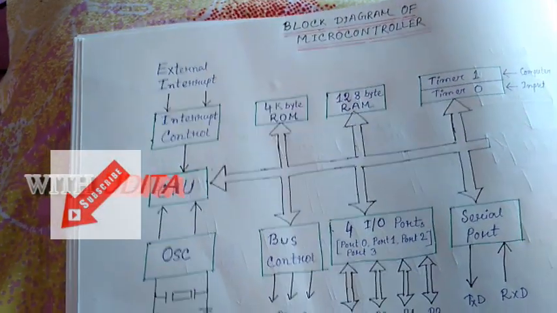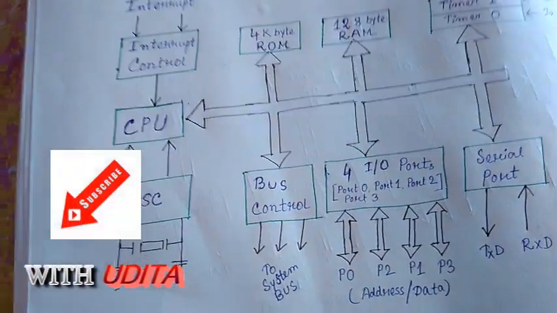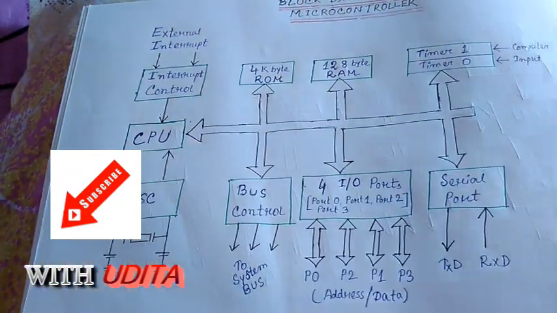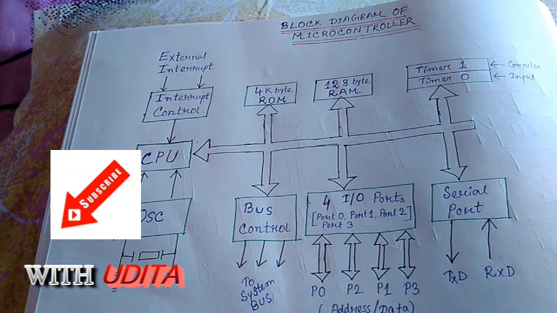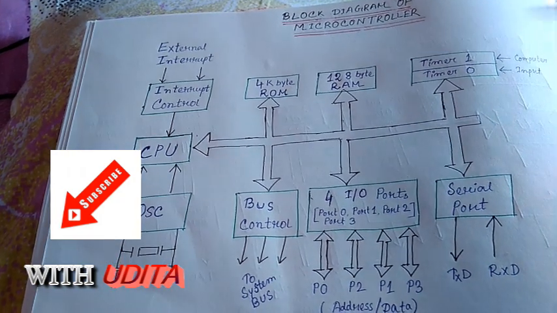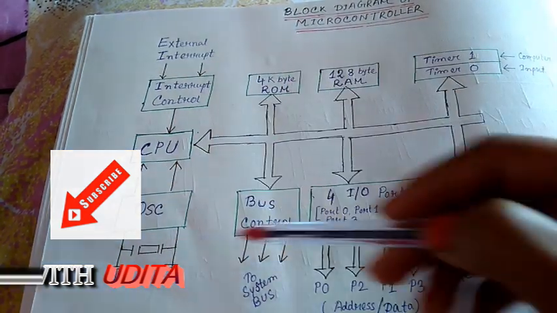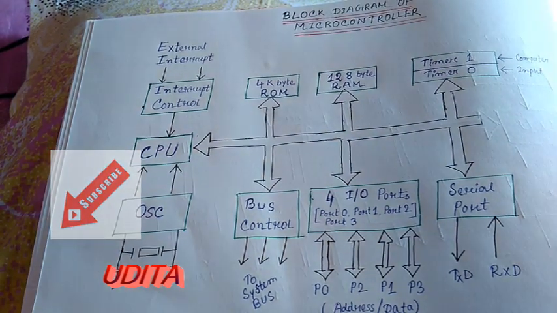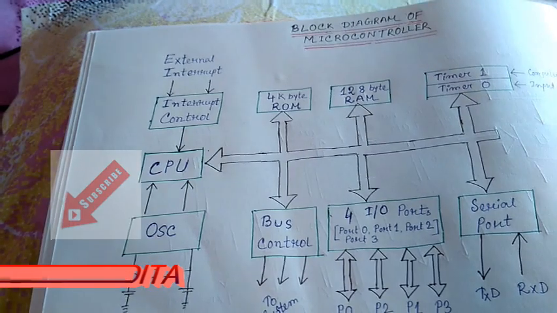Today I am discussing the block diagram of the microcontroller. This is the basic of the microcontroller. You have to first know about the block diagram. This is the block diagram where each and every part of the microcontroller is presented and also described.